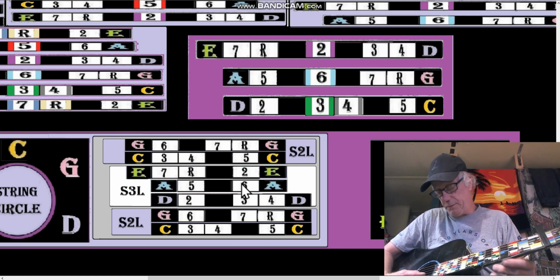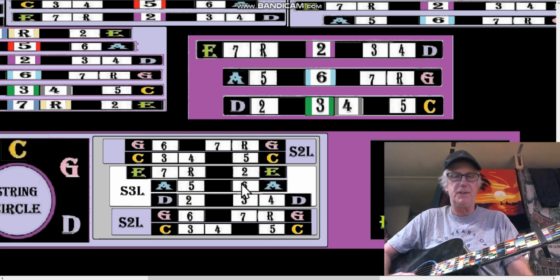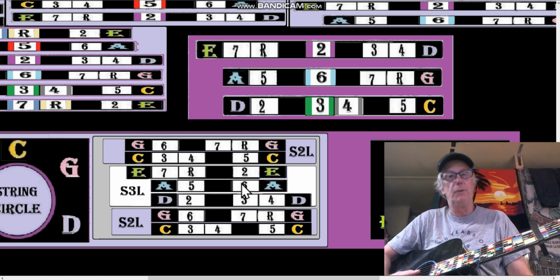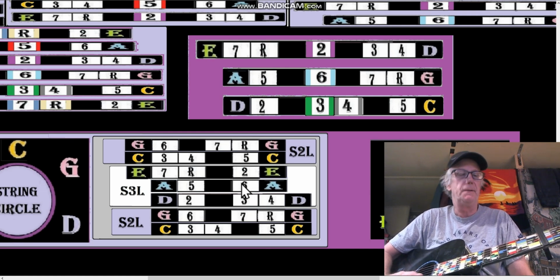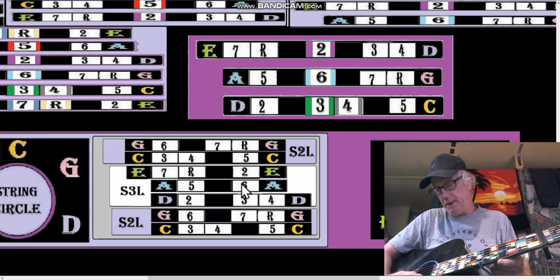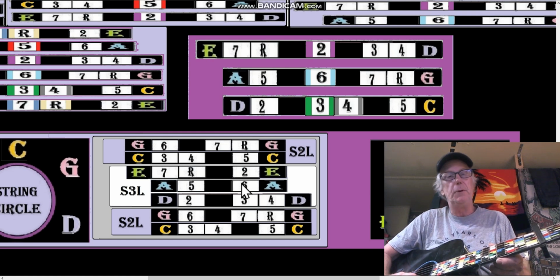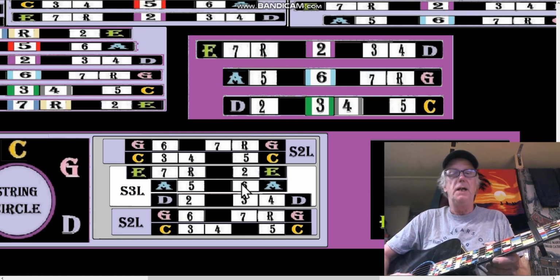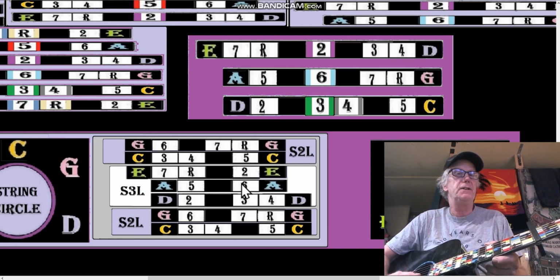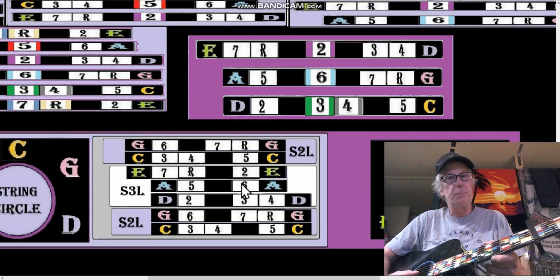If you go between the third string from the top and the second string from the top, you've got a perfect third or a diminished fourth as you look at it. Because if you think about it, string note by string note, you've got a G going to a B. The fourth of G is C, so it's a diminished fourth going to the B. Now, going in the other direction, in fifths: the fifth of B is F sharp, but it's an augmented F sharp, so it goes back to G again.